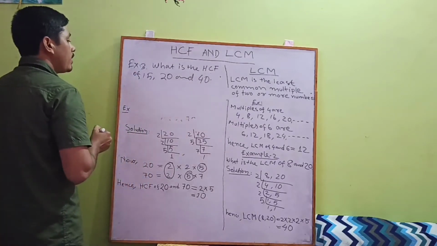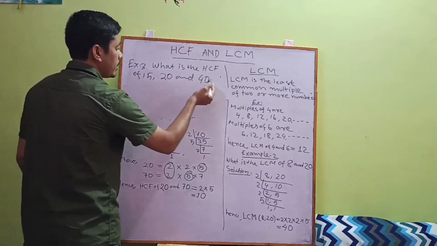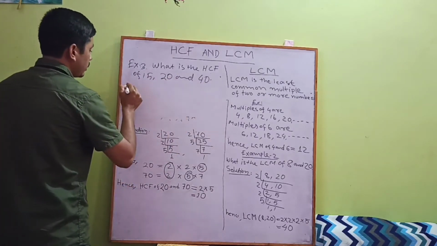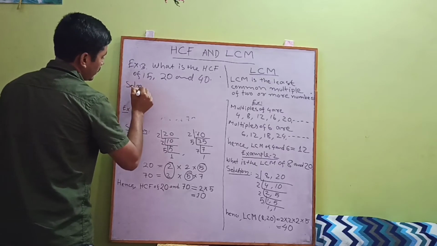How do we find the HCF of 15, 20 and 40? Like this, by applying the prime factorization method.